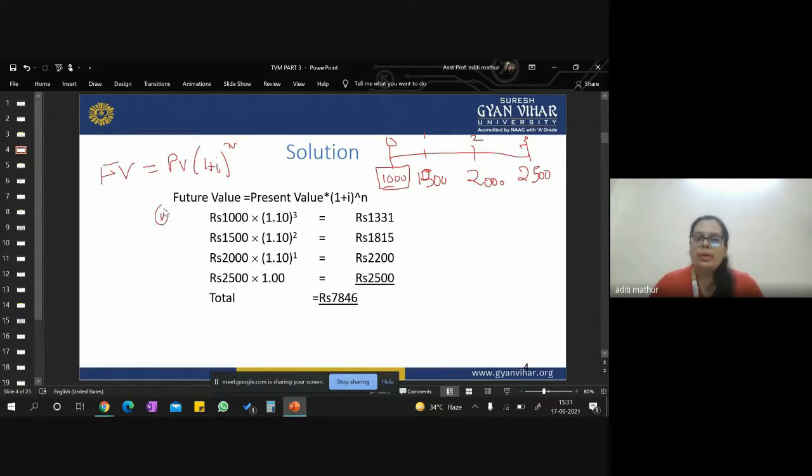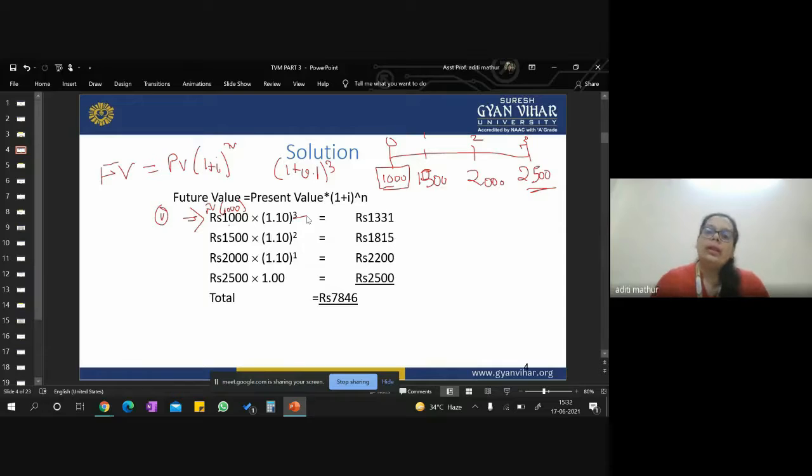So the first step is the calculation of the future value of 1000 rupees. So it is 1000 into (1 plus 0.1) to the power of 3. Now, why 3? Because you are going to calculate the total amount which you have after 3 years, right? So to the power of 3.